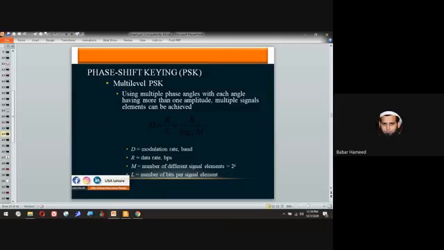The data rate R is equal to 1 over TB, the bit duration or bit time.